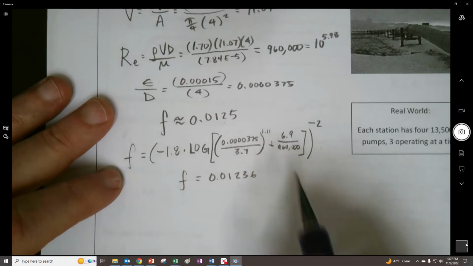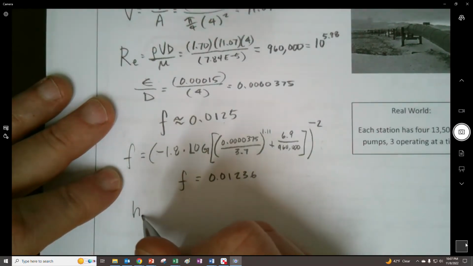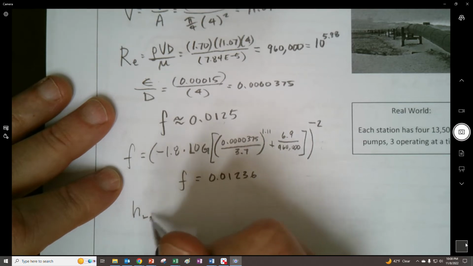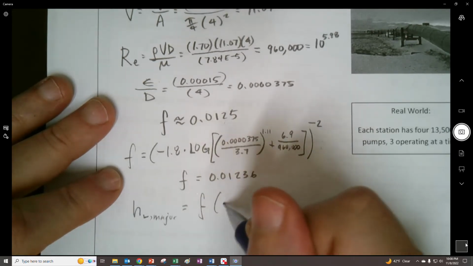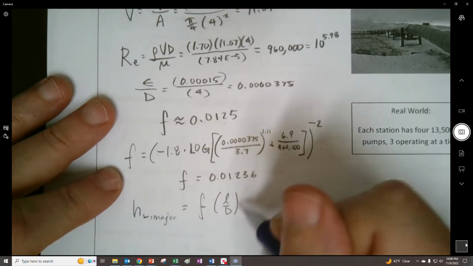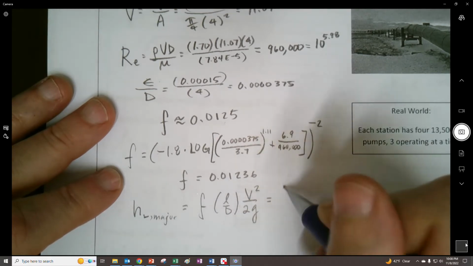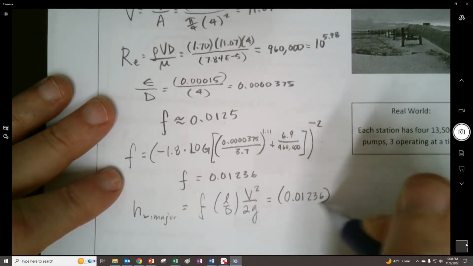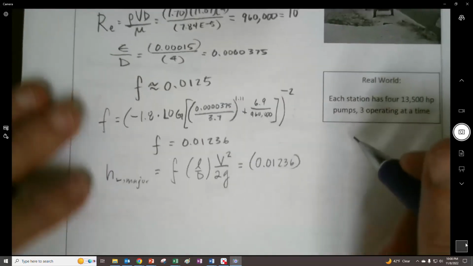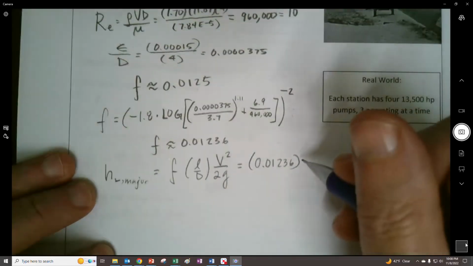So the head loss, and we're going to call this major, is going to be equal to f times L over D times V squared over 2g. We had 0.01236. I'm going to go ahead and use the one from the equation, which is also an estimate. I mean, both of those are estimates, right?